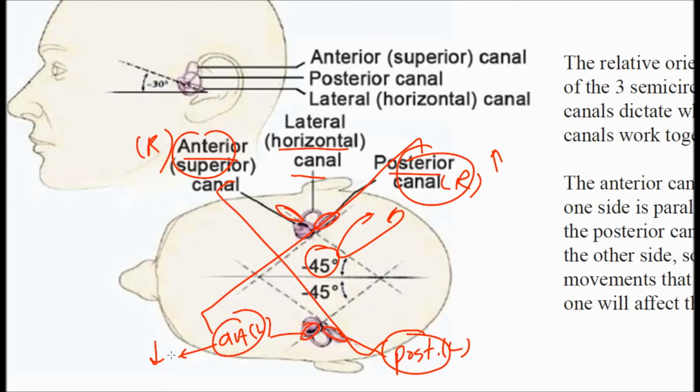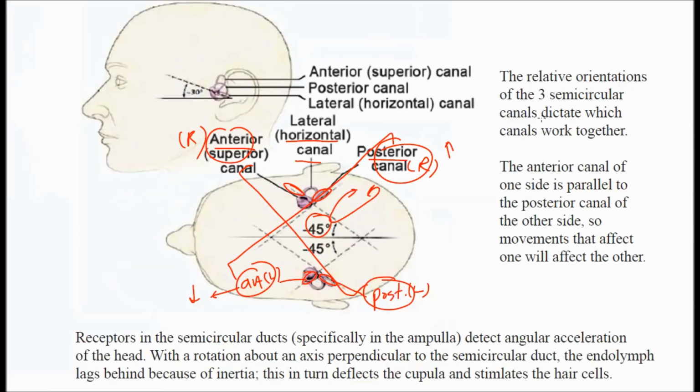So with this design, one can tell which direction the head is rotating by looking at the relative activation of those functional pairs. And because they're all on the 3 different planes, we are able to detect the 3 degrees of freedom rotation of the head. So for example, pitch, yaw and roll of the head rotation.